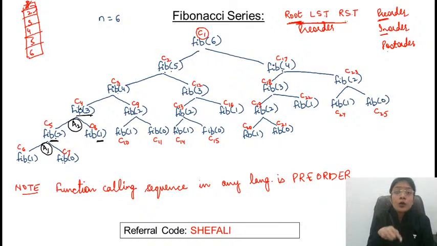We are not using the concept of dynamic programming. Those who have finished algorithms will say, ma'am, by dynamic programming we have already calculated the value of Fibonacci 2, so we can directly use it here. That's fine, that is with the concept of dynamic programming. As of now, I am just talking about the recursion. We will be talking about the complexity in both terms, with and without dynamic programming.